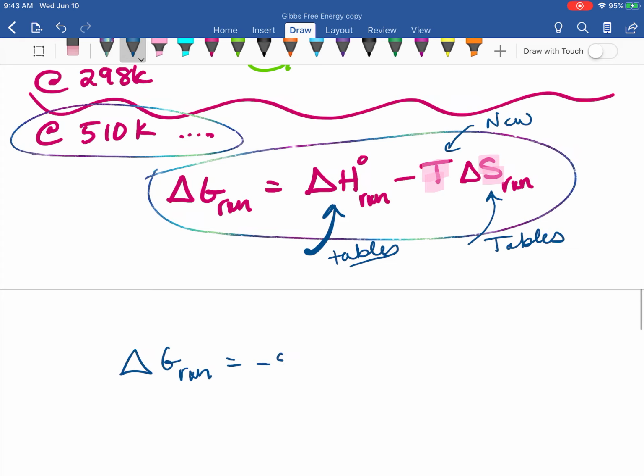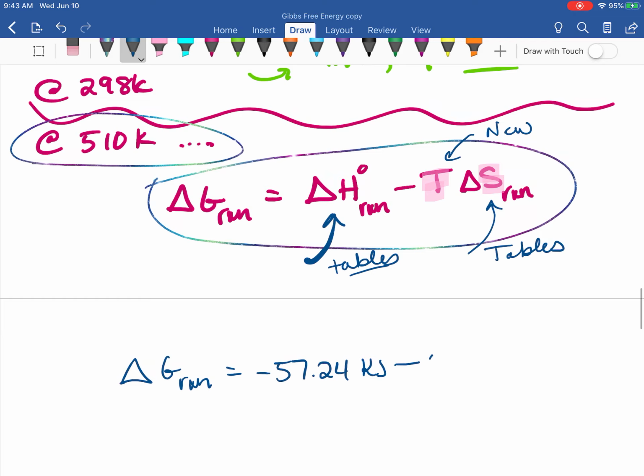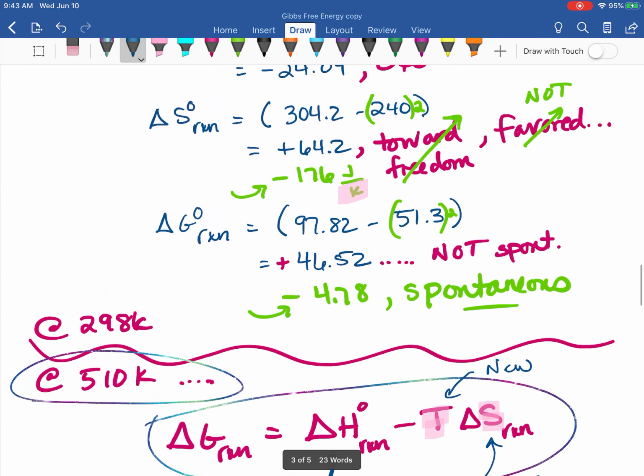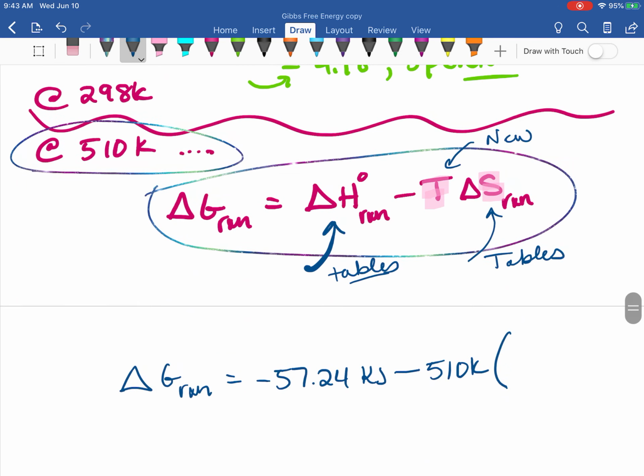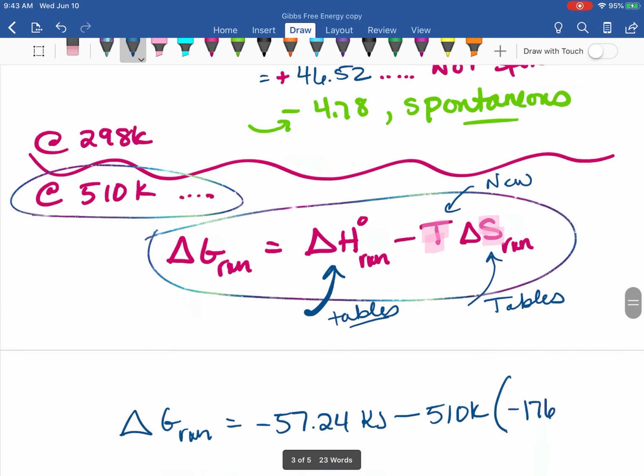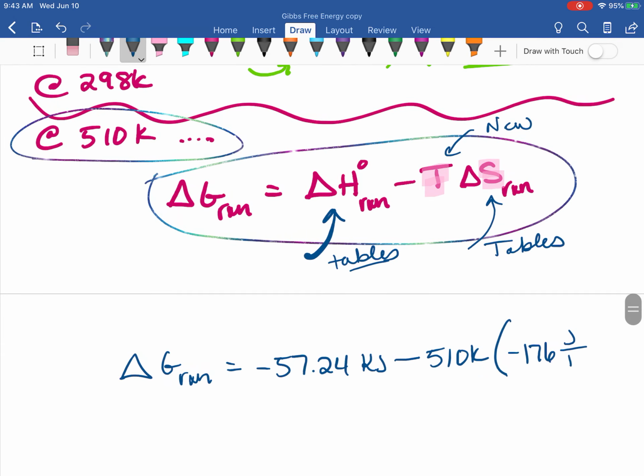Let's put that in. I'm going to include the units on this one. That is kilojoules. Minus our new temperature, times our entropy. That was our minus 176. But put in your units. That is joules over Kelvin.